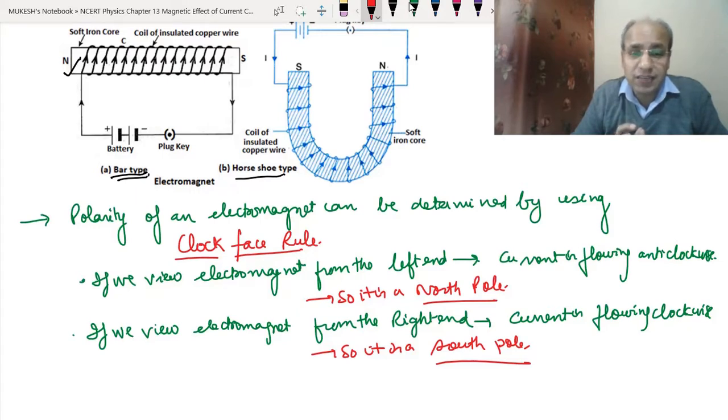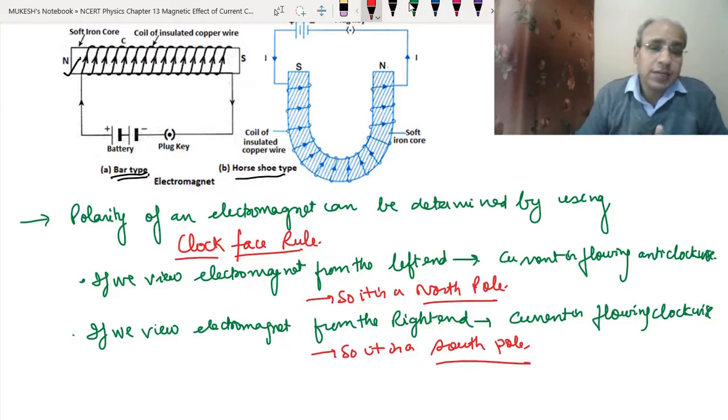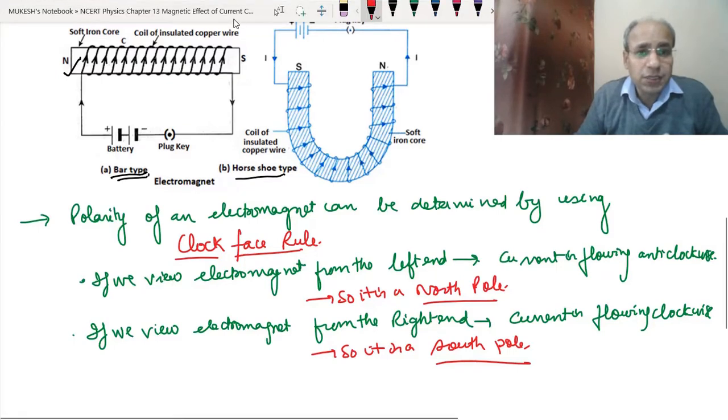If we decrease the current, the electromagnet will be less strong. Second is the number of turns, the same way as we learned in the solenoid. If we increase the number of turns for the same length, then we have a stronger magnet. And if we decrease the number of turns, then we have a less strong magnet. It means the magnetism will be reduced.